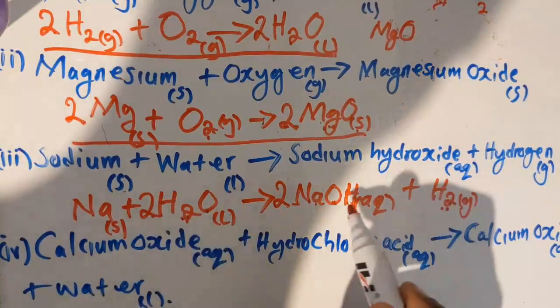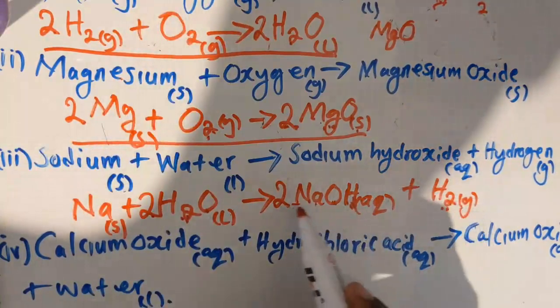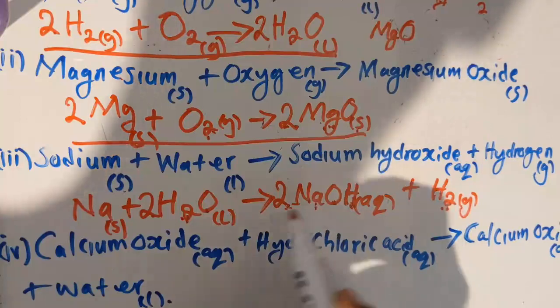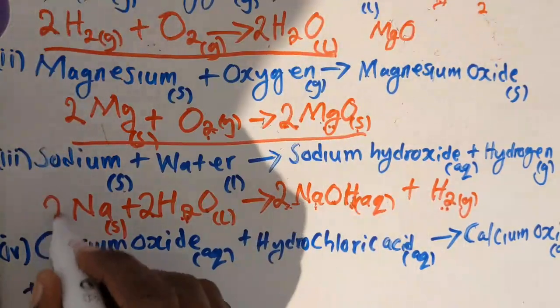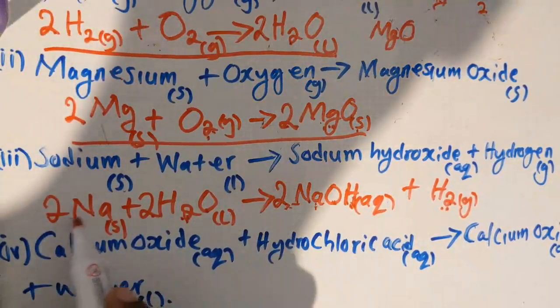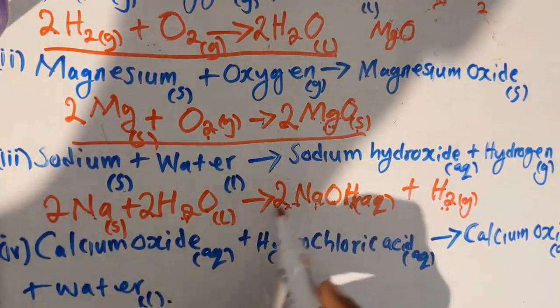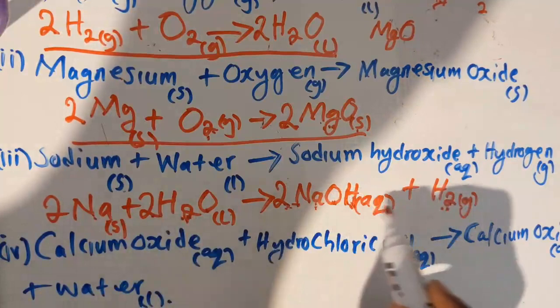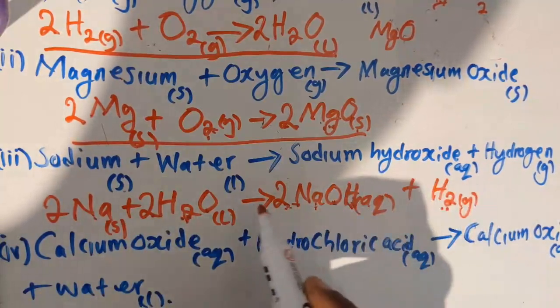Okay, so you go again to sodium. Let's look at sodium. Sodium here has been affected, it's 2. We come here, we just put 2, meaning that the equation is balanced. We have 2 sodium, 2 sodium, 4 oxygen, we have 2 plus 2, that is 4.